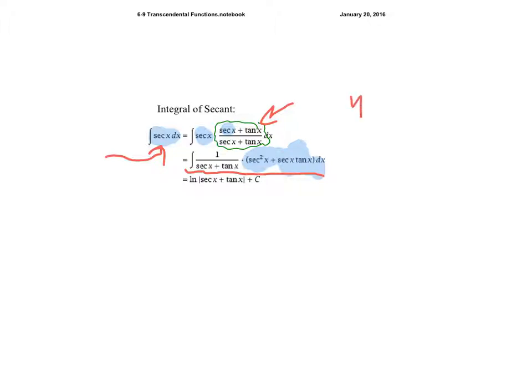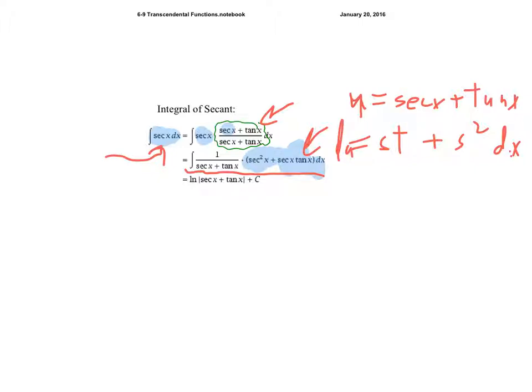And if you let u equal the denominator, secant of x plus tangent of x, you conveniently would end up getting secant tangent, so I'm just going to put st for secant tangent, plus secant squared. That's the exact same thing that you have right here. So that would be dx, by the way. So du would be all of that dx, which is exactly all of this.